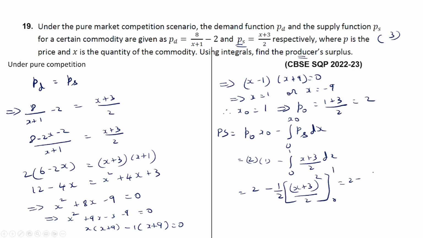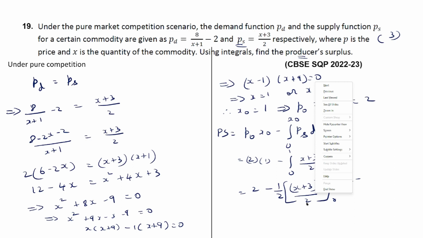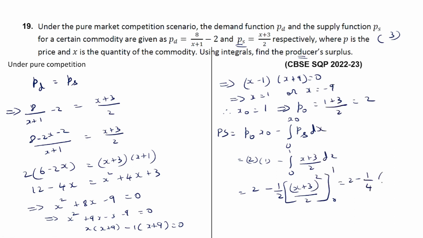So this is 2 minus, let us bring this 2 outside. So it is 2 minus 1 by 4 into, here 1 plus 3 the whole square is 4 square, 16, minus 0 plus 3 the whole square is 9. So it is 2 minus 7 by 4, which is 1 by 4.